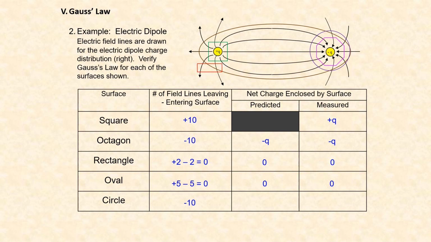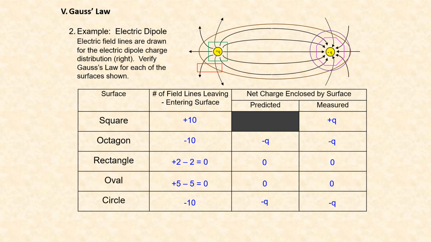Based on the problems we've looked at previously, a net flux of negative 10 should correspond to a charge enclosed of minus Q, which when we take a look is indeed the case. So once again, we see Gauss's law in action, that the net flux through a given surface is directly proportional to the charge enclosed by that surface.